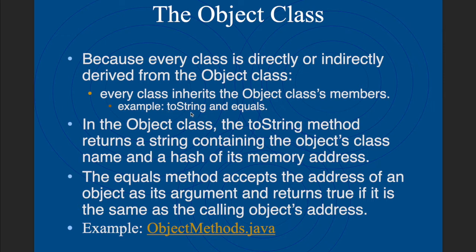ToString, that's something you are going to use probably every time you work with objects. And equals also is very helpful. The equals method accepts the address of an object as its argument and returns true if it's the same as the calling object's address.